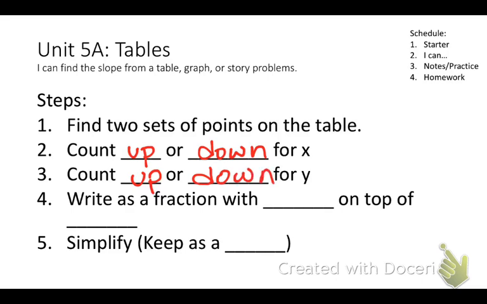Now, always write your slope as a fraction with Y on top of X. And remember, we always wanted to keep it as a fraction, even if we have to say, well, all right, here's my number. My slope is M, and my number is 4. Well, 4 as a fraction is 4/1. Pause the video, get all of the red words in your notes, and then unpause it to go on.